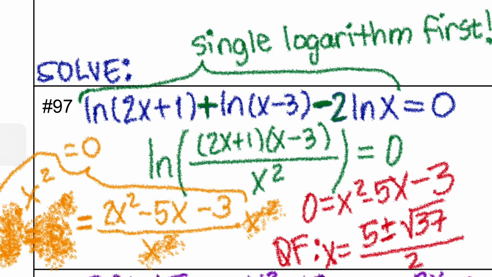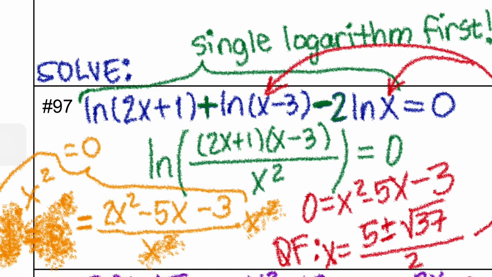The negative answer, 5 minus root 37 over 2, if I try to plug that into the equation, either here or here, I'm going to be trying to take the natural log of a negative, and I just can't do that. So since I can't take the natural log of a negative, I know that answer is definitely extraneous. The other answer, as long as it's greater than 3, should be good to go. So 5 plus something is definitely greater than 3. It's not going to give me a negative.